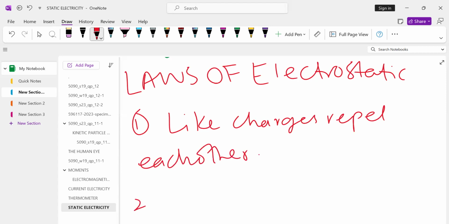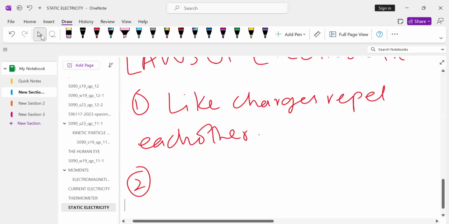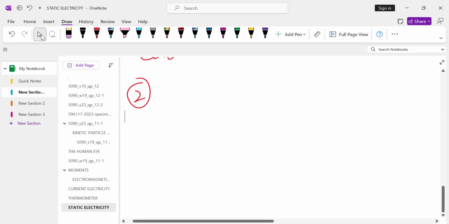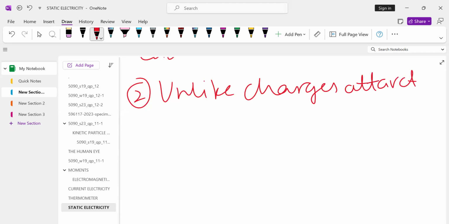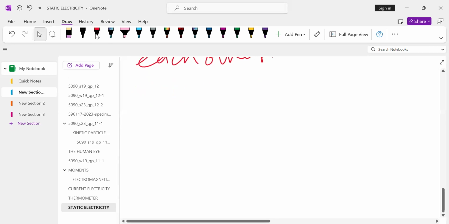And the second law is that unlike charges attract each other. Okay, so these were the two laws of electrostatic.